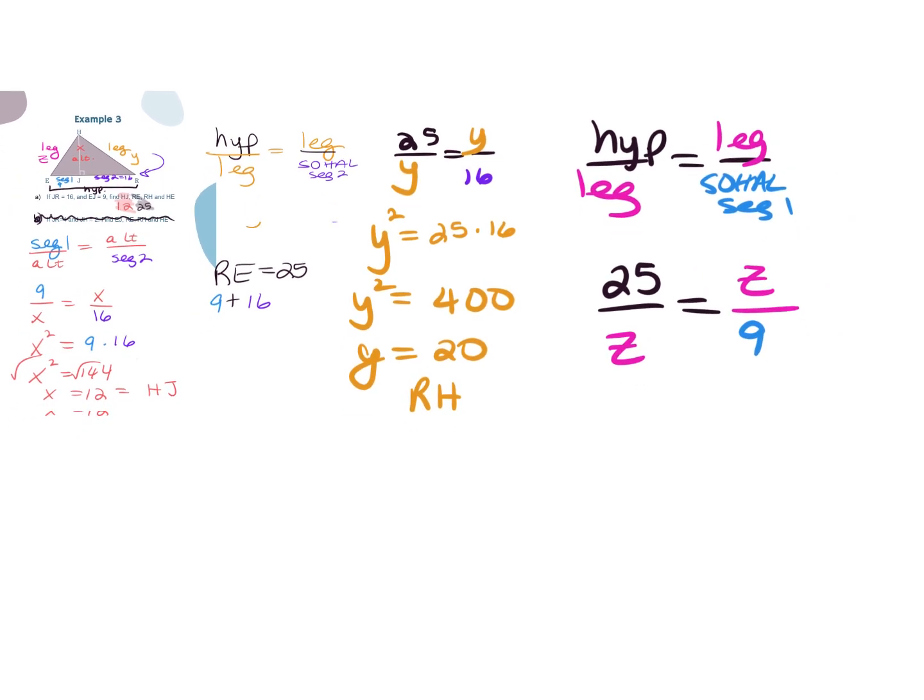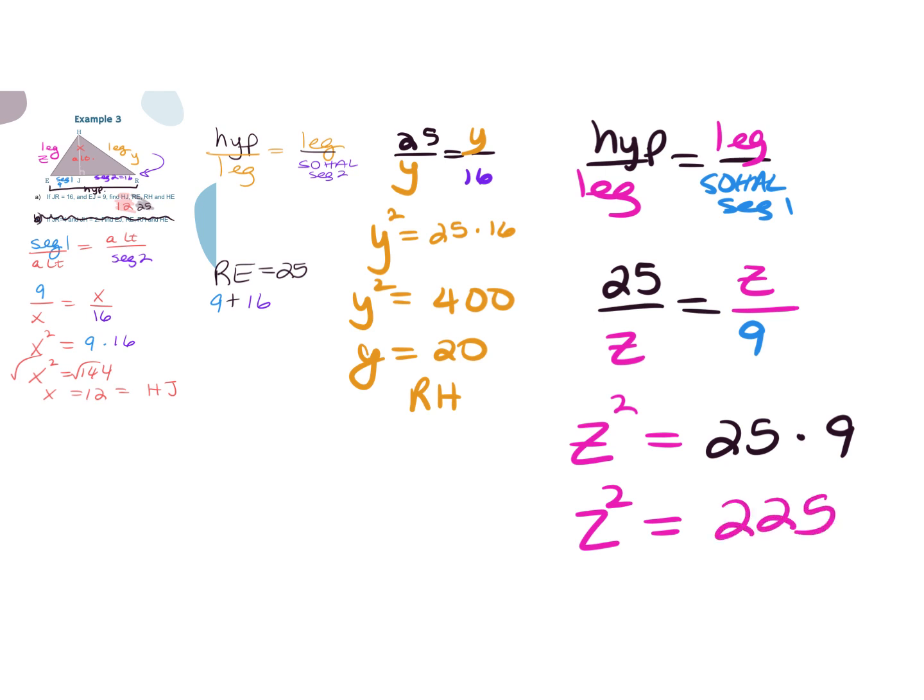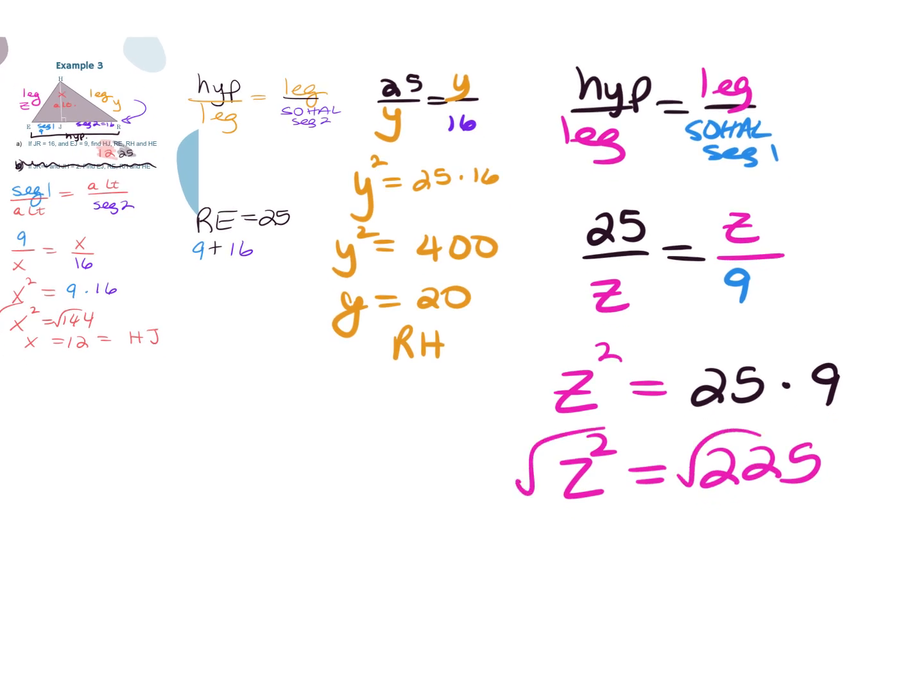Now I'm going to cross multiply. Z times Z is Z squared. And then 25 times 9. Again, I would go ahead and try it on your calculator. 25 times 9 is going to give me 225. And then when you square root that, Z is equal to 15.